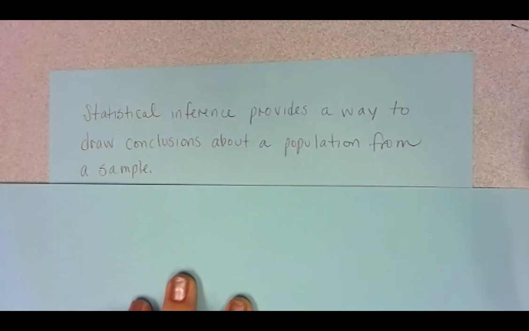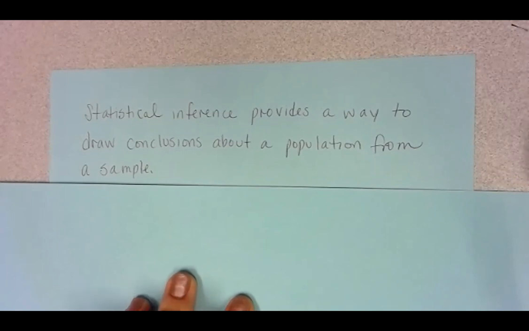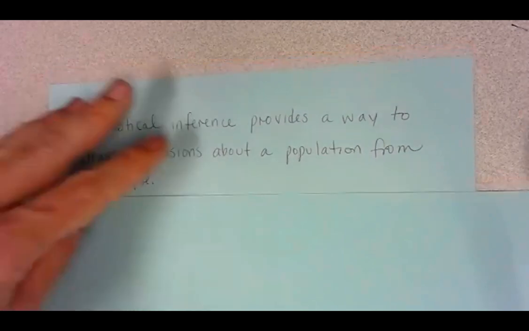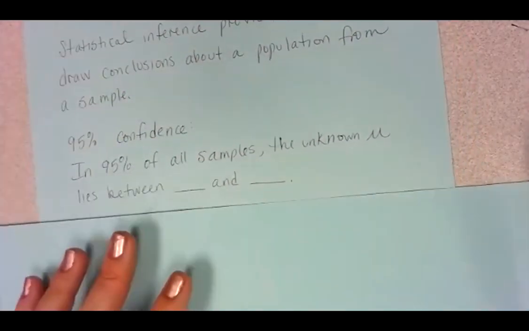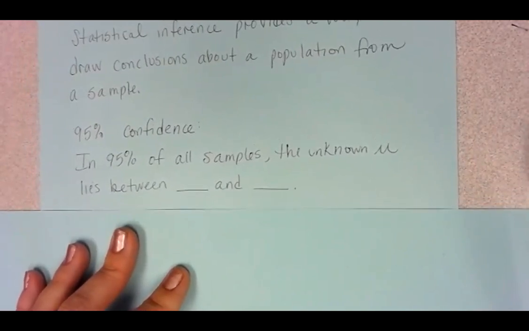So it lets us make some educated guesses about what would happen in the full population from what happens in a small subset of that population. So when we talk about confidence, if I'm 95% confident, then in 95% of all samples, the unknown that goes with the population will be able to be said to fall between two values, which we'll solve for.